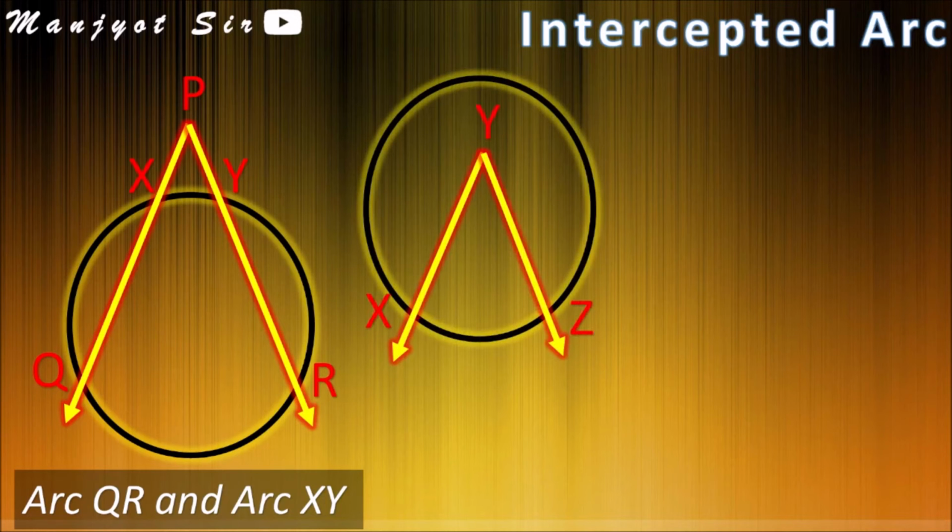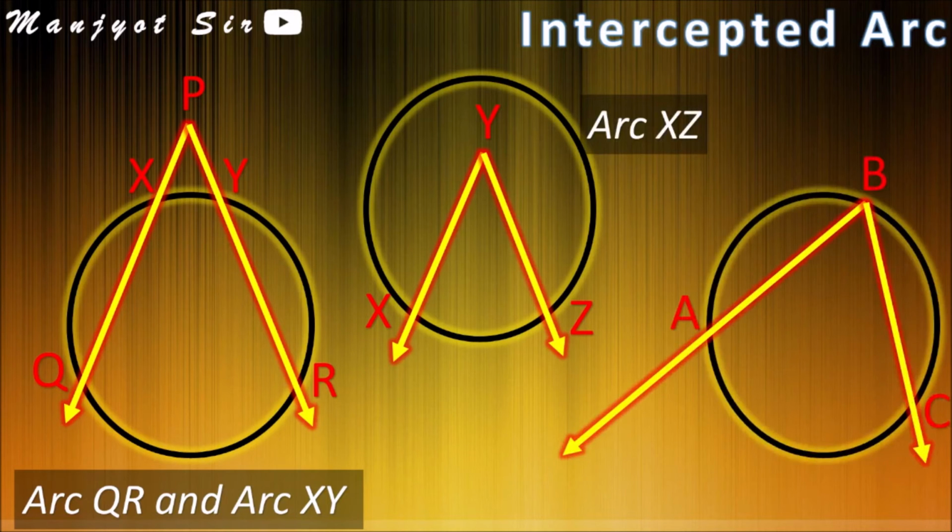Again, let's have one more example. Again, this is not an inscribed angle, agreed, but there is an intercepted arc, and over here the intercepted arc is nothing but XZ. Lastly, your favorite inscribed angle. Now think and tell me which is the intercepted arc. Very good, superb. Here the intercepted arc is AC and this is an inscribed angle.